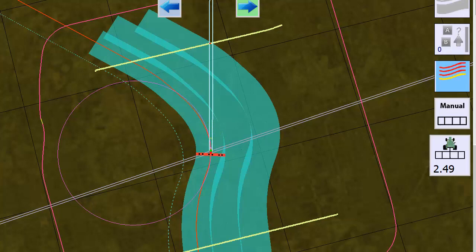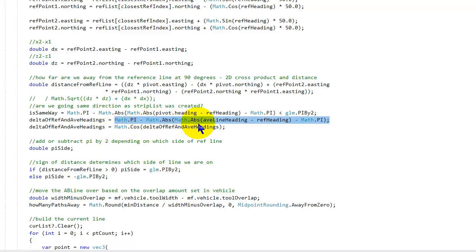And so then what good does that do? If we take the cosine of it, and if that average reference and average heading subtracted is 0, cosine of the heading is 1. And then as that changes, as that becomes greater than 0, then we multiply.